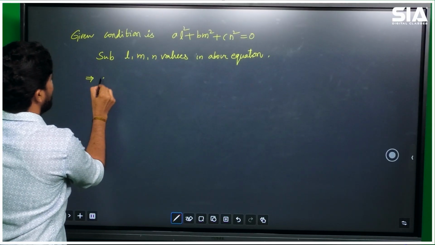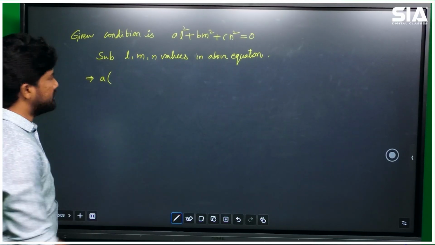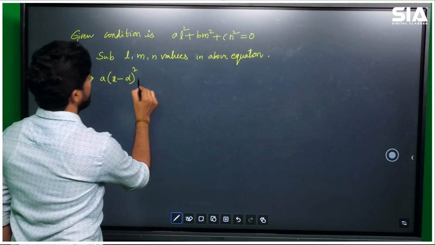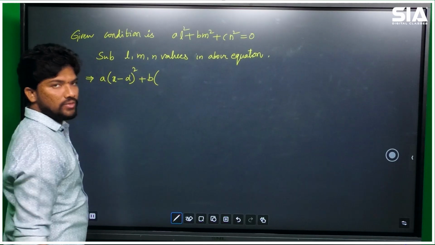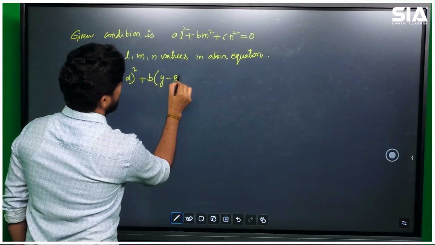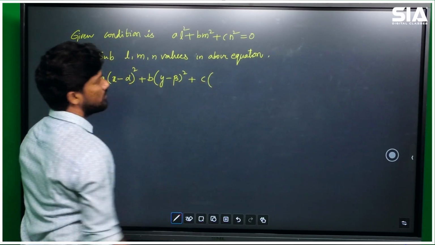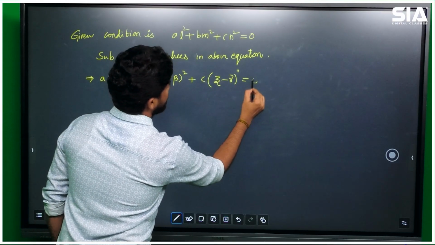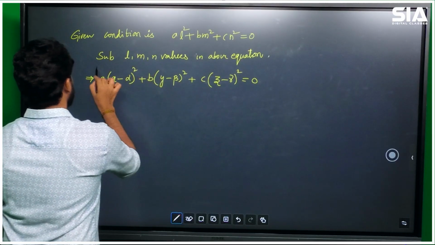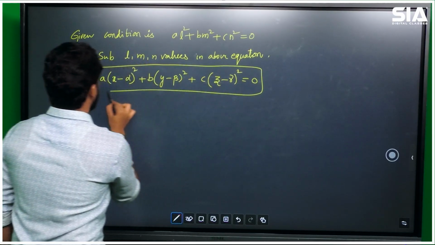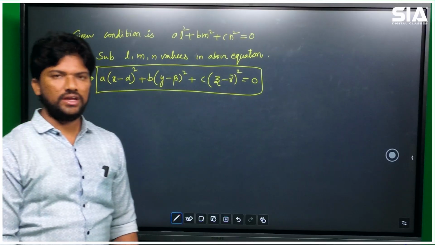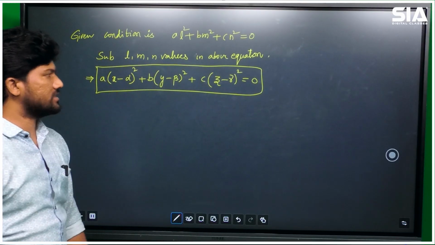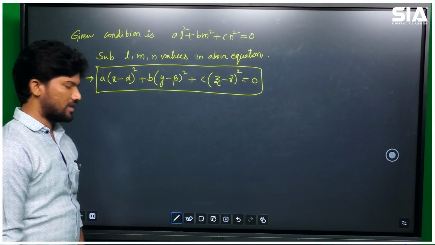Therefore we can write a into (x minus alpha) whole square plus b into (y minus beta) whole square plus c into (z minus gamma) whole square equal to 0. So this is the required cone equation. Those generators pass through only one vertex of the cone. This is the final equation and this is the required equation of the given problem.